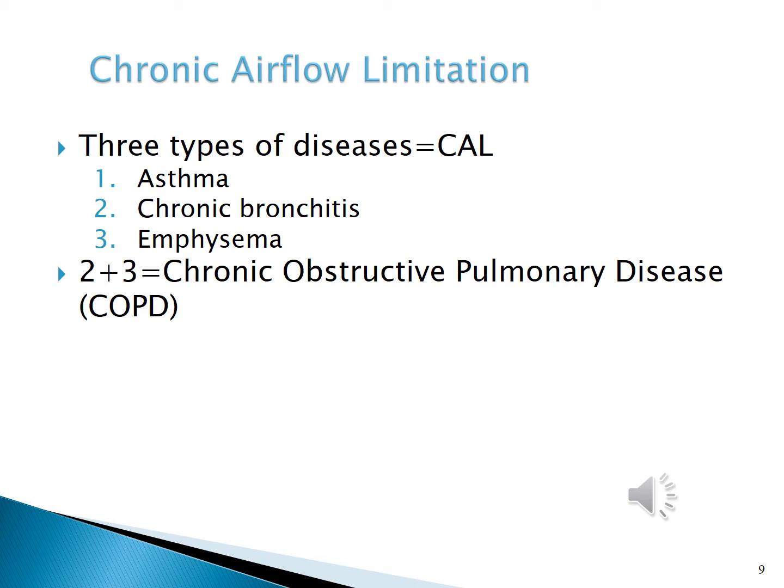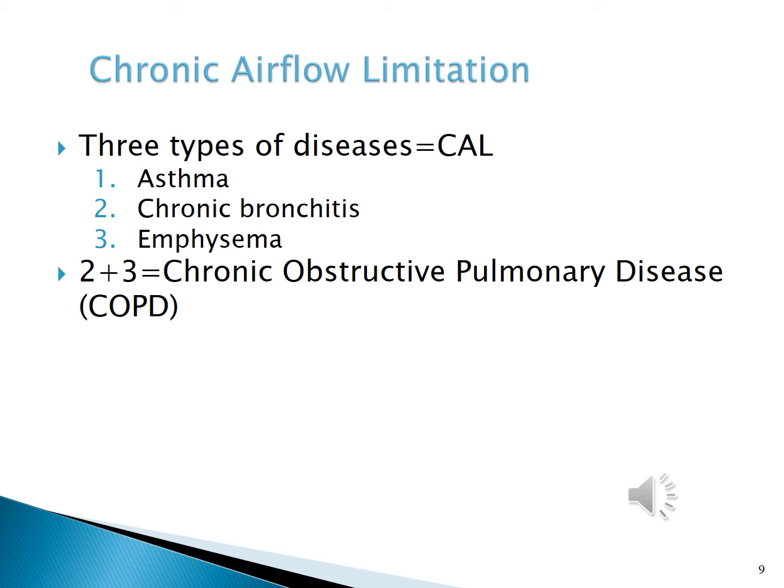Asthma is an intermittent disease and can cause major airway issues because of allergic response or inflammation response. Chronic bronchitis. Chronic bronchitis, well, we'll get into chronic bronchitis a little bit later. And then there's emphysema.